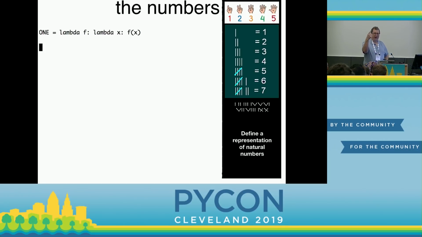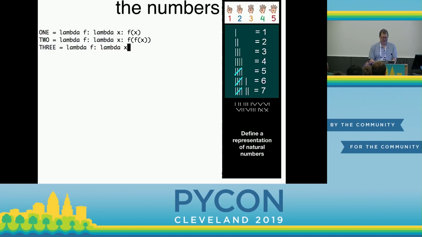That's the number 1. And then maybe the number 2 is two function calls of x, like f of f of x. It's like holding my fingers up for 2. What would 3 be? Big quiz time. What is 3 in this universe?